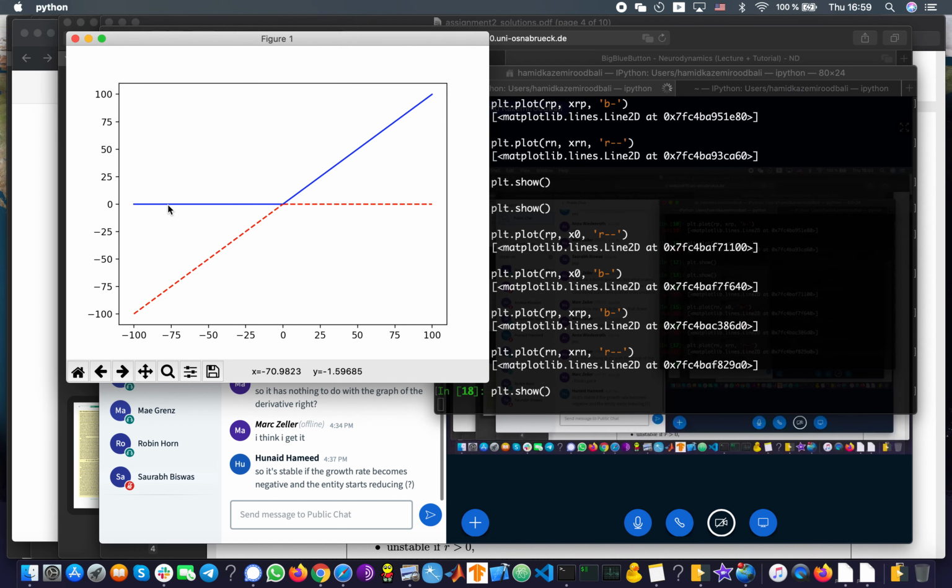So you can see that you can draw these things very easily, right? This is x equal to 0, and this is x equal to r, and this is the family of stable fixed points. This is the family of unstable fixed points.